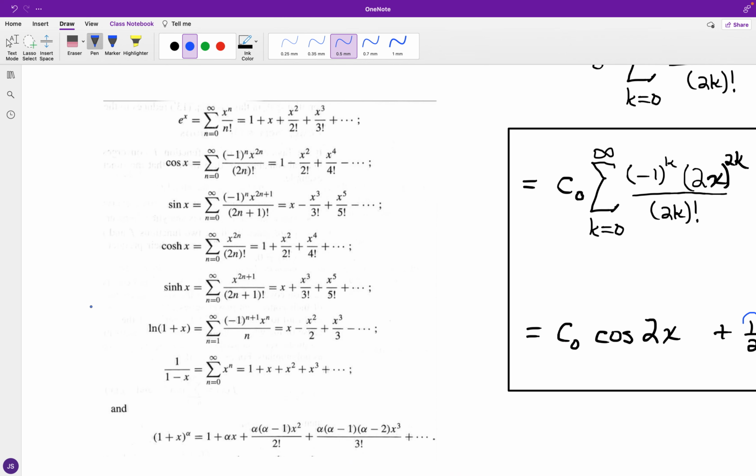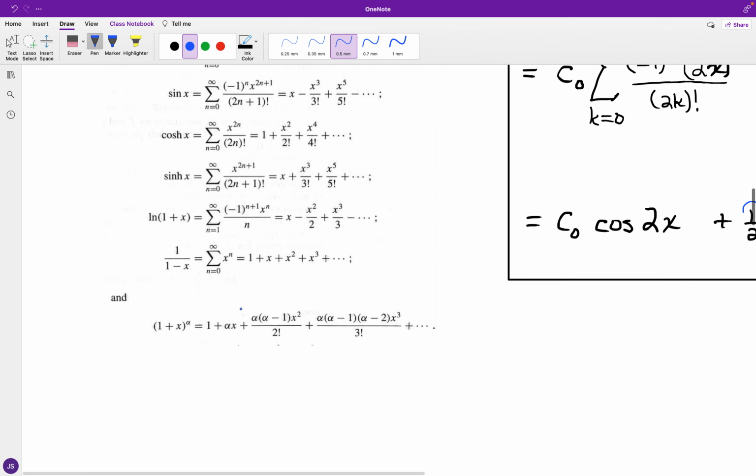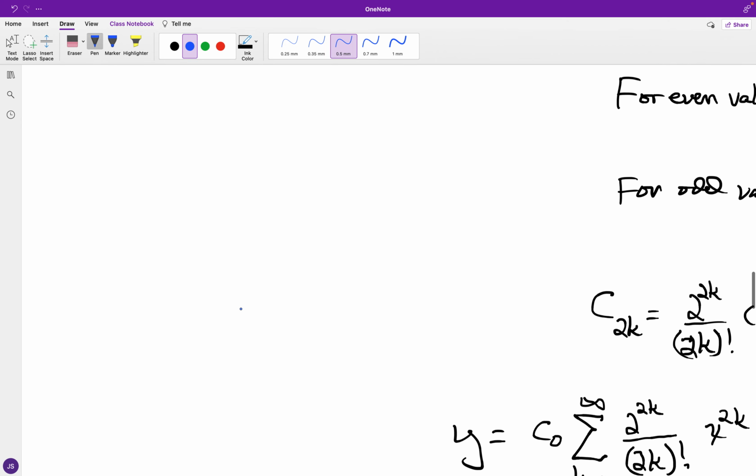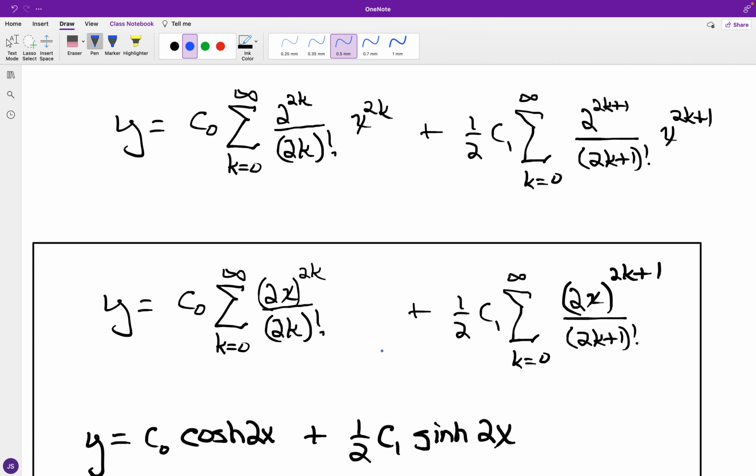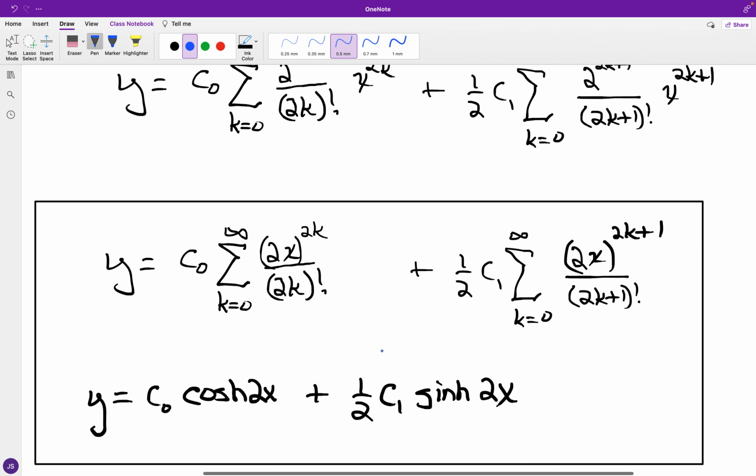We're looking at the hyperbolic cosine functions, where I had x to the 2k over 2k factorial, and with the hyperbolic sine, instead of the variable to the 2n plus 1, I had 2k plus 1, and instead of the factorial of 2n plus 1, I had the factorial of 2k plus 1. But again, regardless of the change in the variable, you had the same logical pathway, and here you have x represented by 2x.